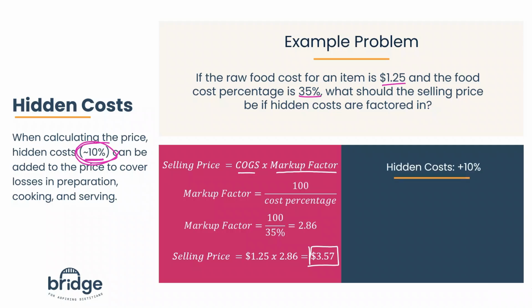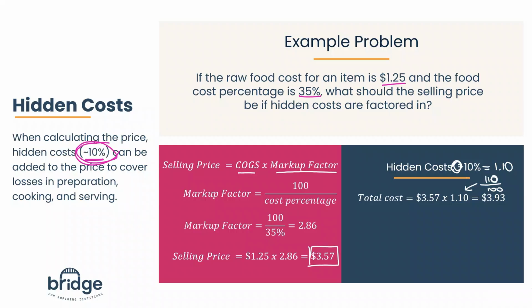To think about hidden costs, we want to factor in an additional 10%. And as always with percents, there's a few ways to think about it. I personally like to think about an additional 10% to be 1.10 or 110%. If you take your total cost and multiply it by 1.10, which is 110%, it will give you the selling price of $3.93, factoring in these hidden costs.